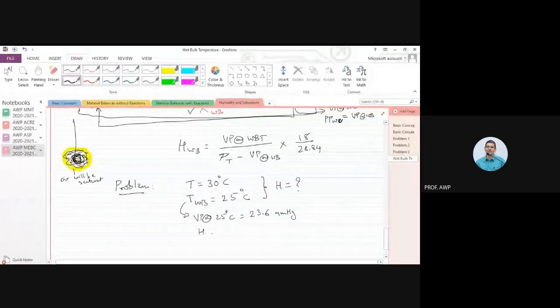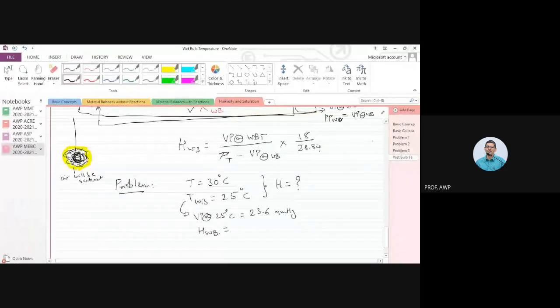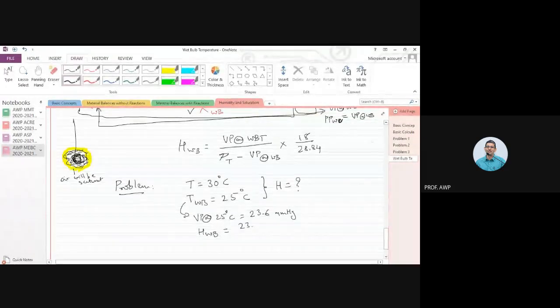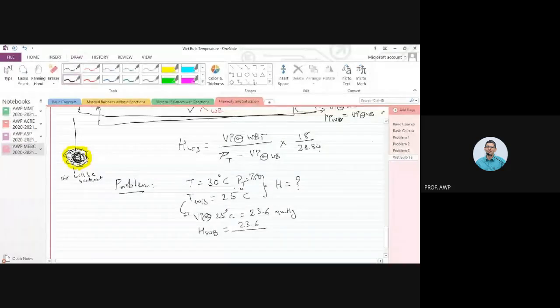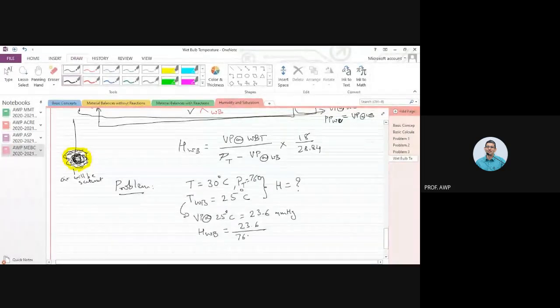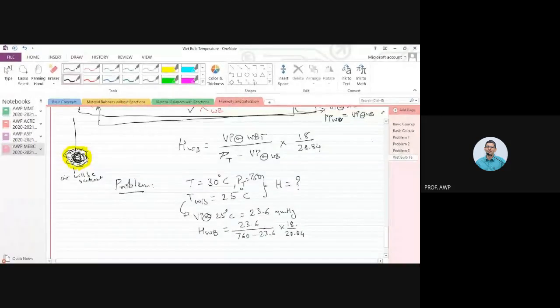Now, what is the humidity near the wet bulb? It will be 23.6 divided by (760, let's say total pressure is 760, minus 23.6) into 18 divided by 28.84. How much is that?